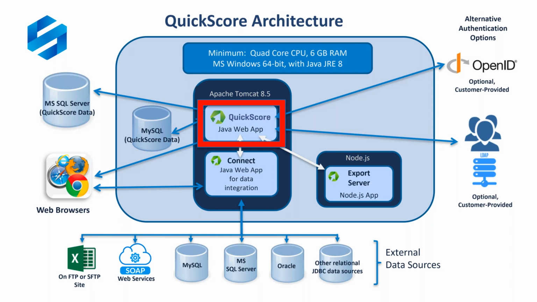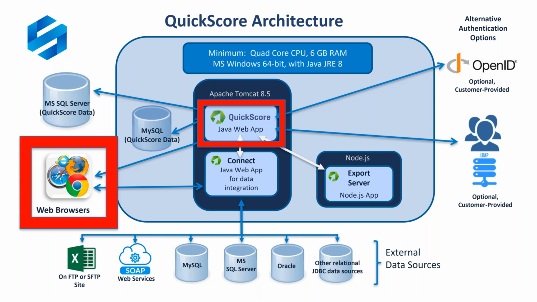In this case, I would really just like to ask you to focus your attention on the heart of it all, which is our QuickScore application, which is a Java web-based application that is accessed via modern day web browsers. You can use Safari or Firefox, Chrome, Internet Explorer, and so on. And then, of course, we have our Connect utility, which is available for data imports and data integration. And again, today's topic and focus is around Connect.